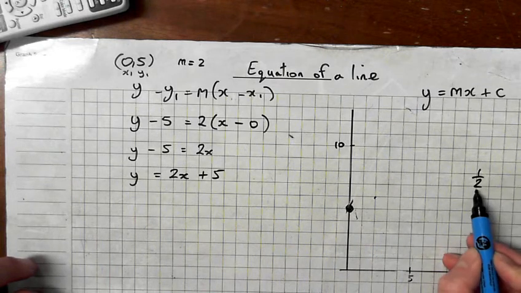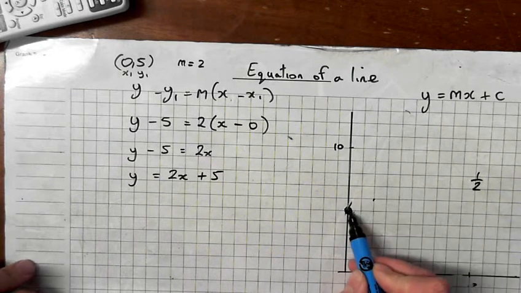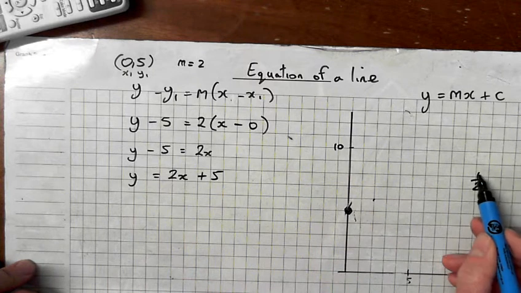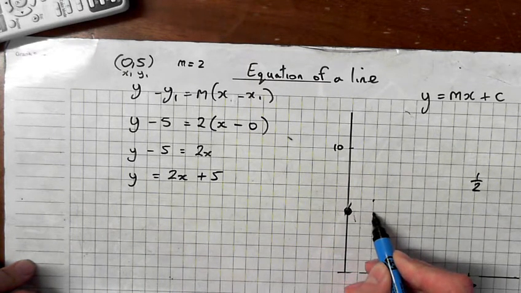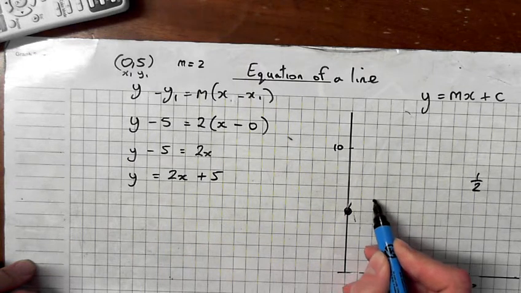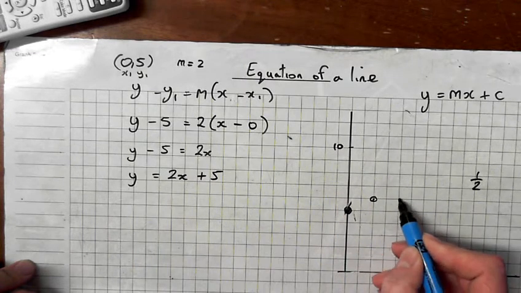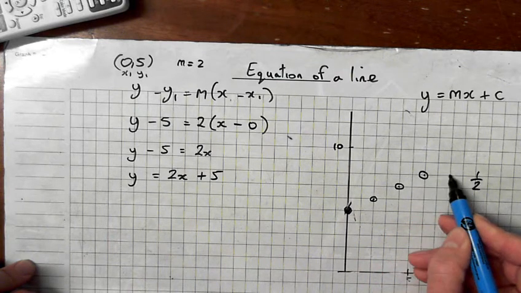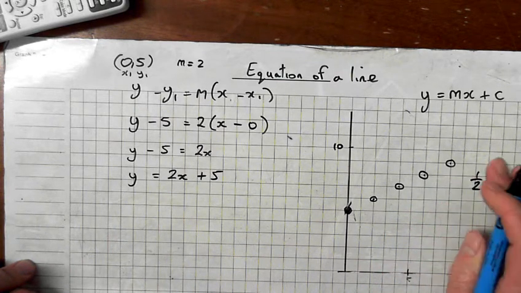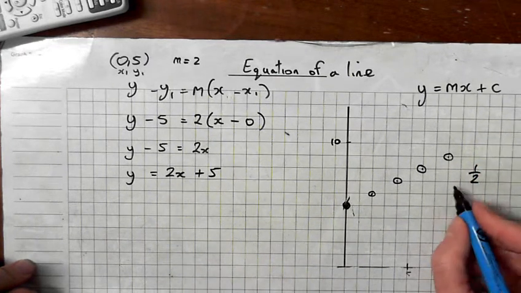It means on the horizontal, on the x, you move 2 blocks, and then on the y you move up 1, don't you? A half means 2 on the horizontal and up 1. Alright, so that's the slope of a half.